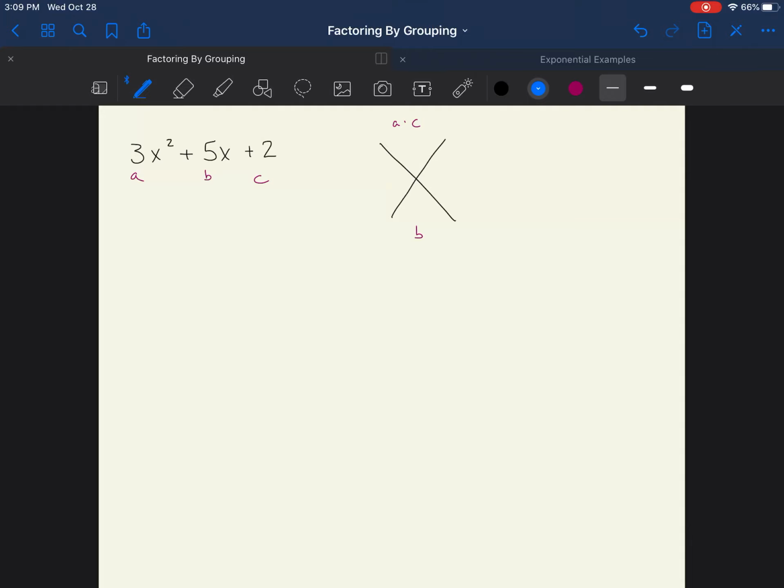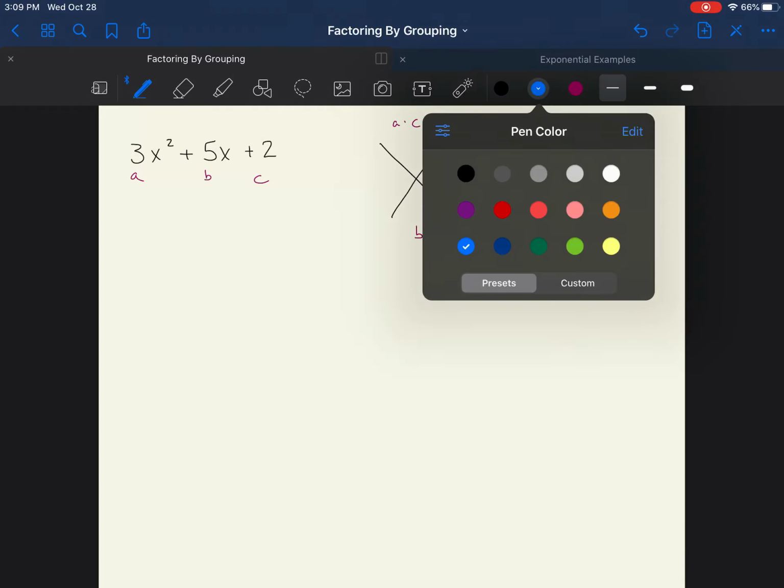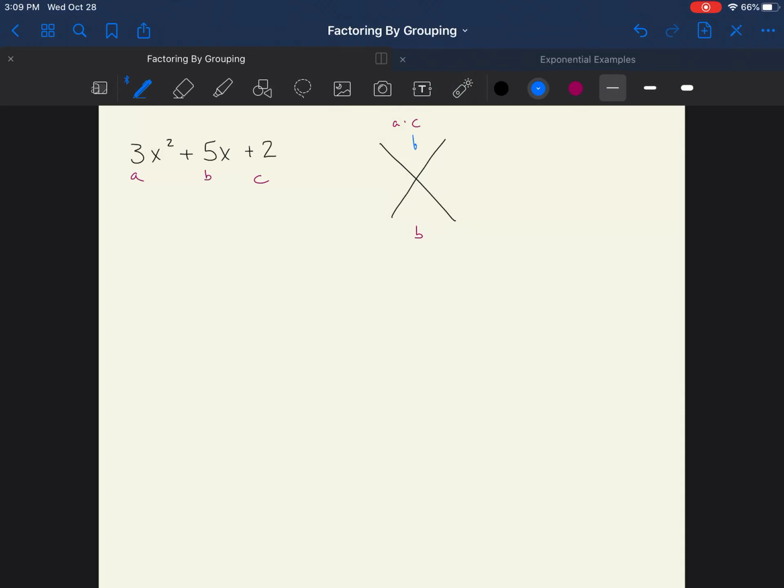A times C is 6, and B is 5. So what multiplies to 6 and adds to 5? Let's think about that. Ooh, that's going to be 2 and 3. 2 times 3 is 6. 2 plus 3 is 5.